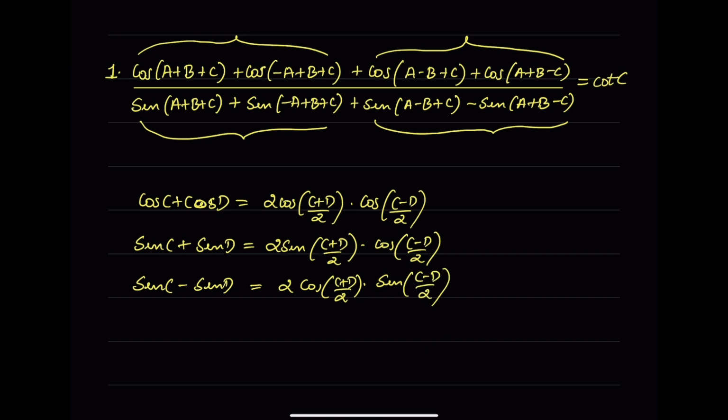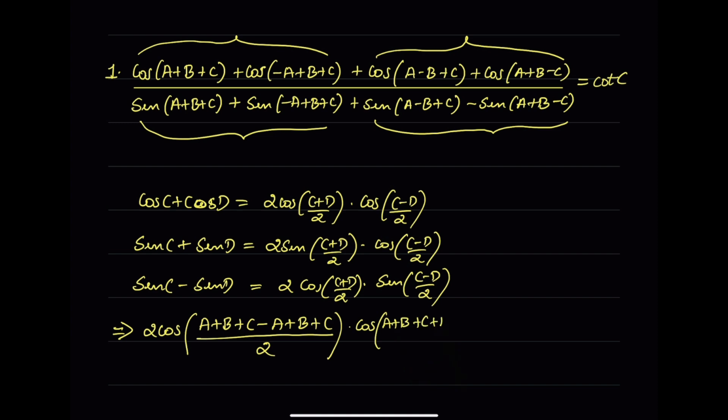Let's apply that in the numerator. It's just a careful application, so it should not be complex. For the first part, we would have 2 cos of (A plus B plus C minus A plus B plus C)/2, multiplied by cos of (A plus B plus C plus A minus B minus C)/2.